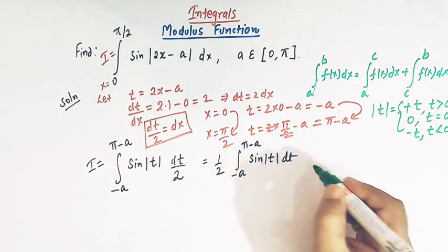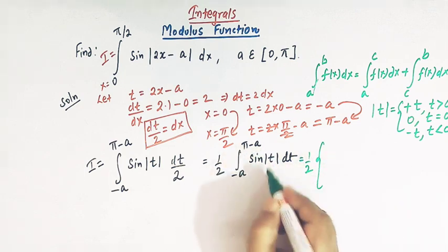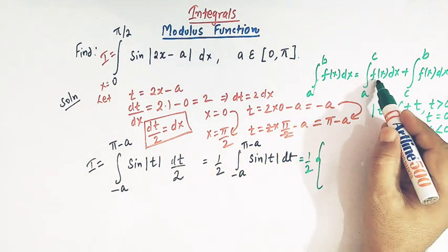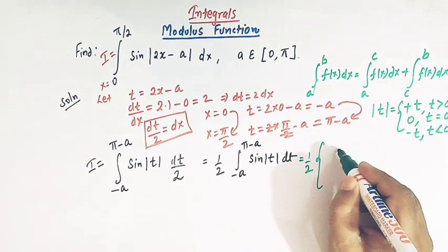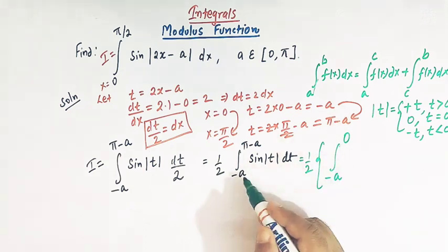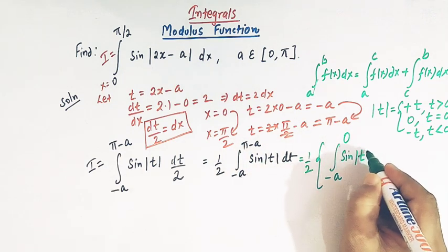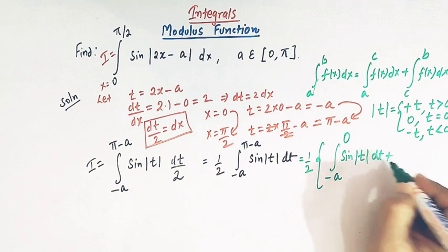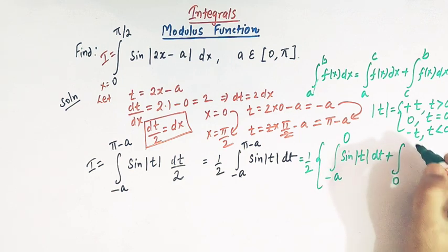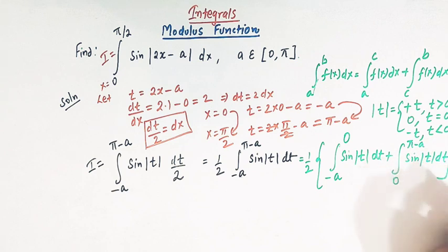So now we'll write this integral as a sum of two integrals. The first one goes from minus a to 0, with sine of mod of t dt, and the second one is from 0 to pi minus a, with sine of mod of t dt, right?